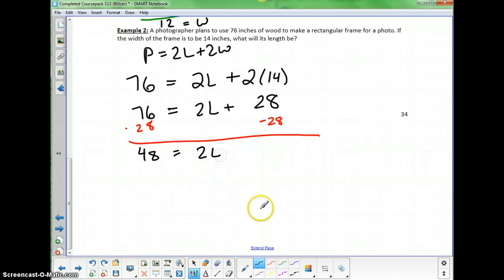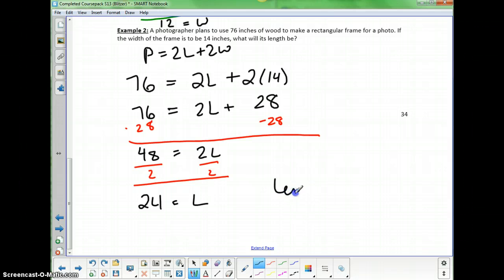Equals 2L, and then divide both sides by 2 to solve for L. So L is 24. So the length is 24 inches.